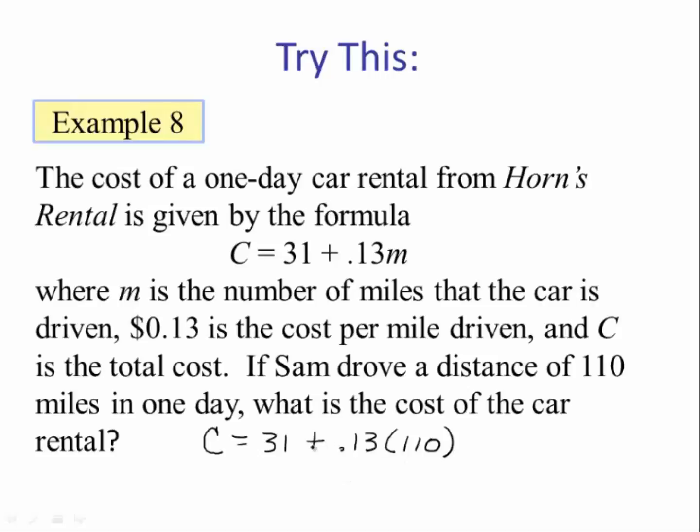We multiply before we add. This becomes 14.30 plus 31. Now we add, and we see that this is 45.30. So the answer is $45.30.